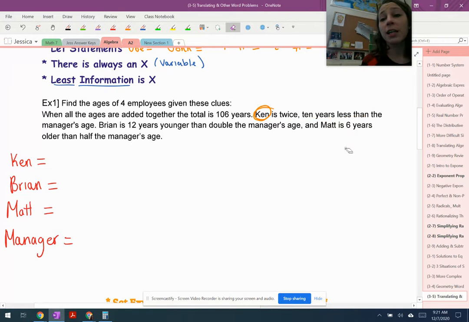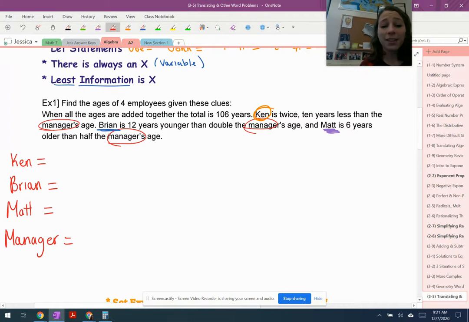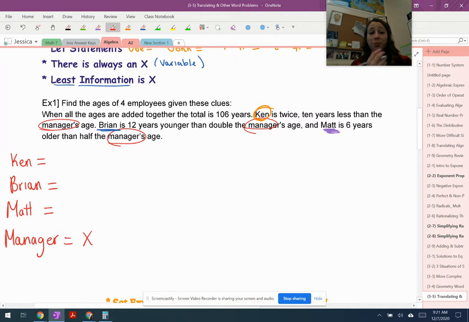But notice they're comparing Ken to the manager. Second sentence talks about Brian compared to the manager. And the third sentence talks about Matt compared again to the manager. So again, the fact that this manager, we don't have any information about what his age is, that tells us that the manager is going to be our plain old X.